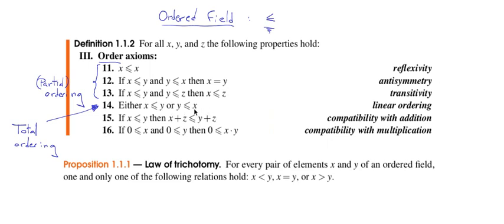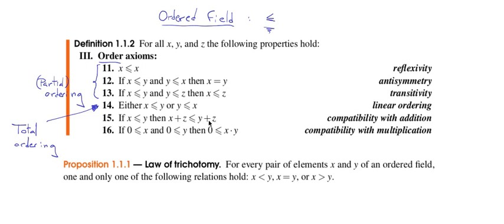And then property 15, what we call compatibility with addition. If x is smaller or equal than y, then x plus z is smaller or equal than y plus z. This is again an axiom that we force into the relation. If we add anything to this side and we add the same thing to that side, the relation is still fulfilled.